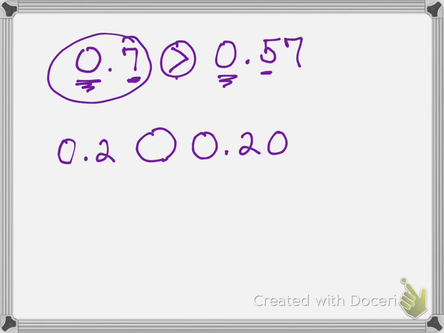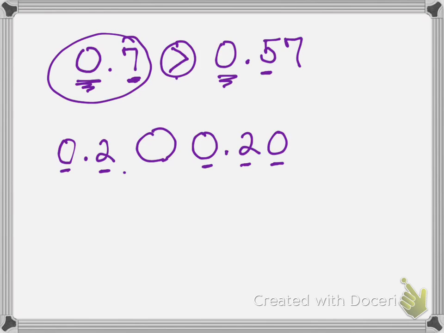The next one's a little tricky. If we look, we automatically look to see if there's a whole number. There are no whole numbers. So we move on to the tenths. But notice, in the tenths place, they both have 2s. Then if we move on to the hundredths, this one doesn't have any hundredths. This one does. It has a 0. But the zeros in decimals kind of just fall off.